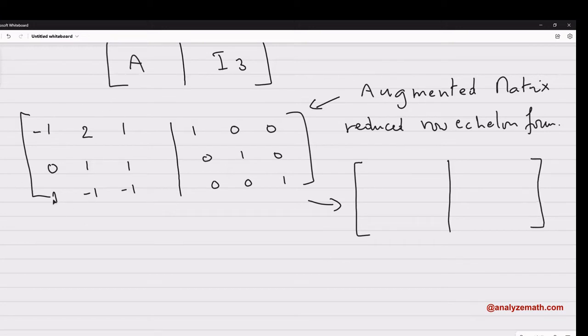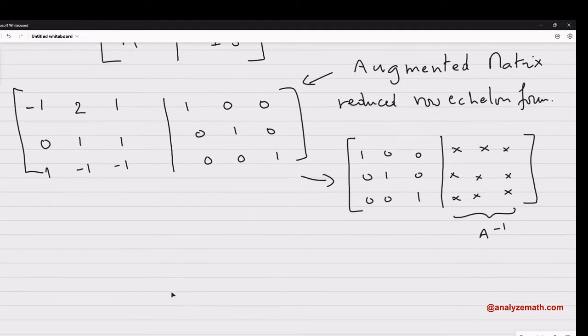This part of the matrix will have the form 1 0 0, 0 1 0, 0 0 1, which is the 3 by 3 identity, and whatever is on the other side, also 3 by 3 of course, is going to be my inverse of A. Let's do this, and then at the end we explain why this is the inverse.